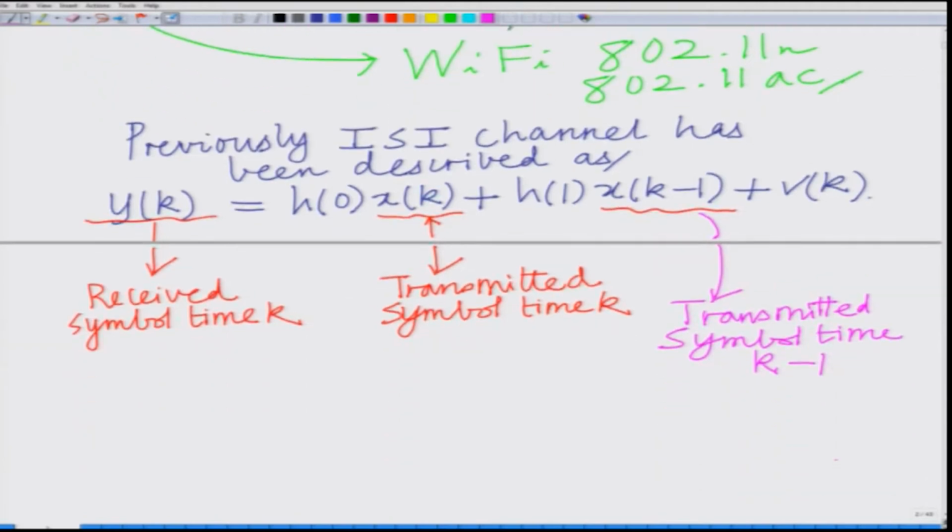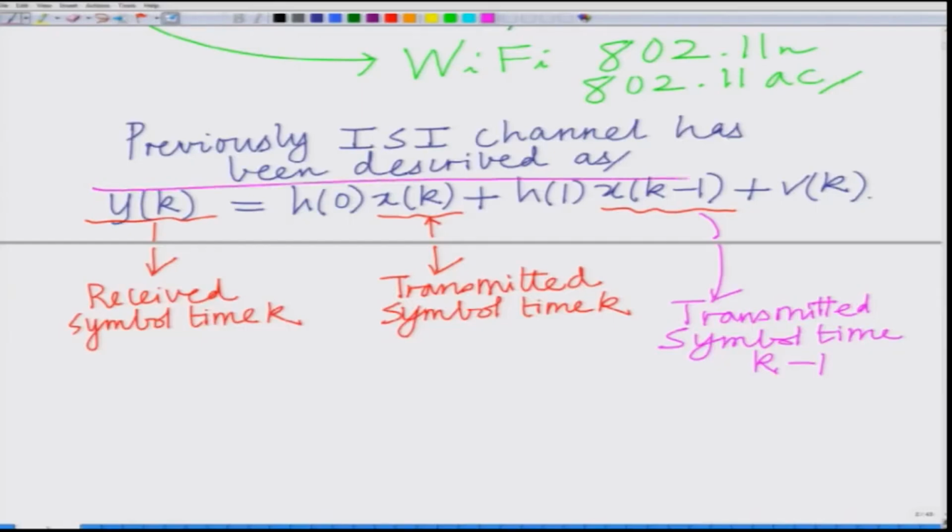Therefore, the transmitted symbol at time k-1, which is xk-1, is interfering with xk, the transmitted symbol at time k, and this is what we term intersymbol interference. So, intersymbol interference is caused by the fact that the past symbol is interfering with the present symbol.